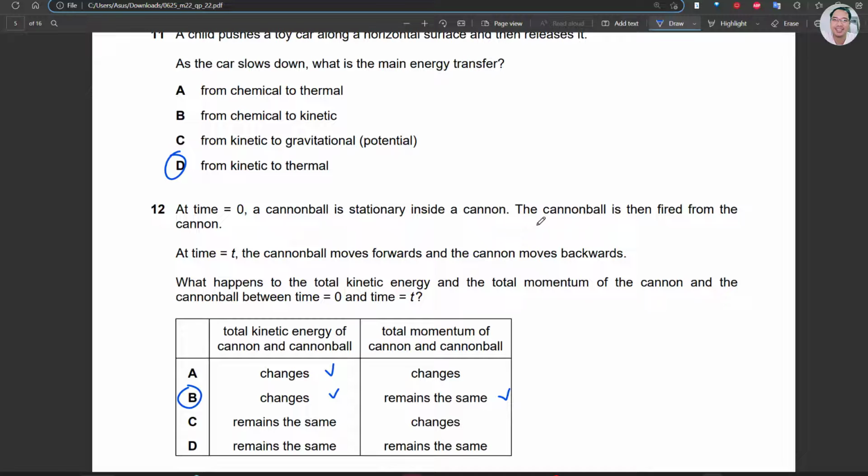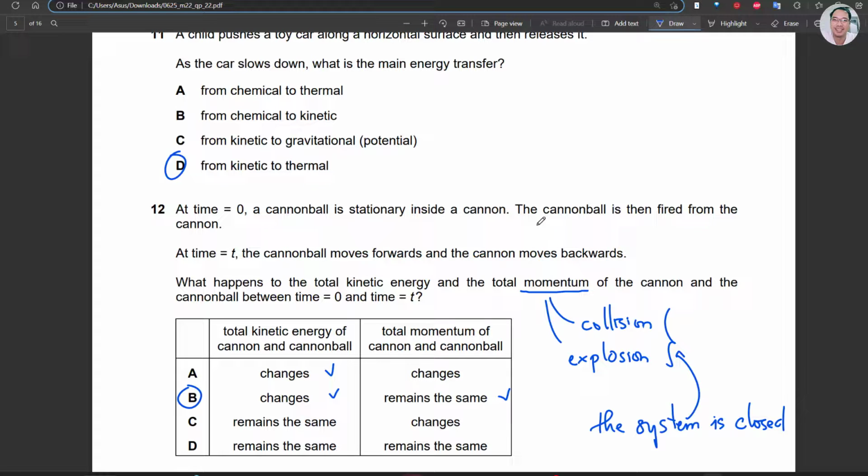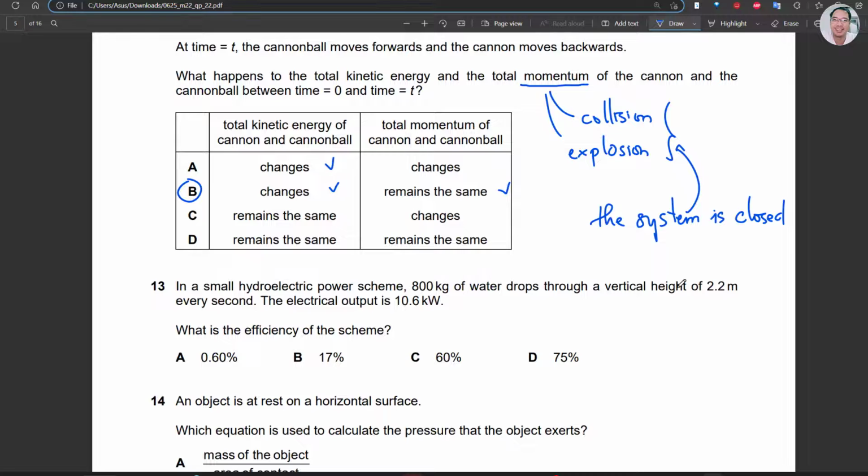The momentum is always the same in two types of phenomena, that is collisions and explosions, with one condition: that the system is closed, meaning the interaction of the objects in the system with the surroundings is negligible, or you have to apply the conservation rule in an extremely short time, during the collision and explosion, so that the energy and the momentum don't have enough time to transfer from the system to the surroundings.